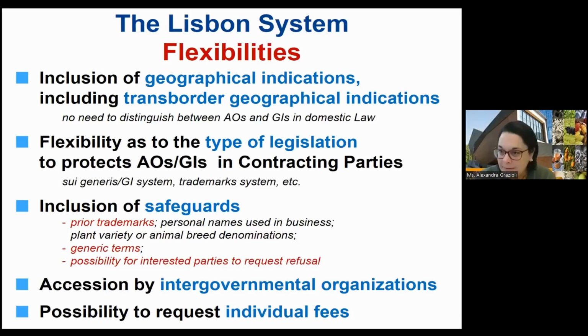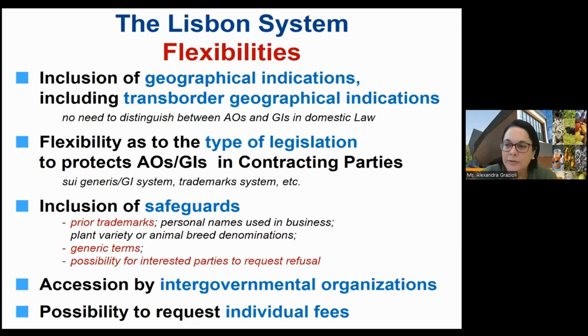There is also flexibility to recognize the different types of protection that may exist at national level to protect geographical indications. As I mentioned, some countries protect GIs using the trademark system. So now there is a full recognition of that possibility in the system.